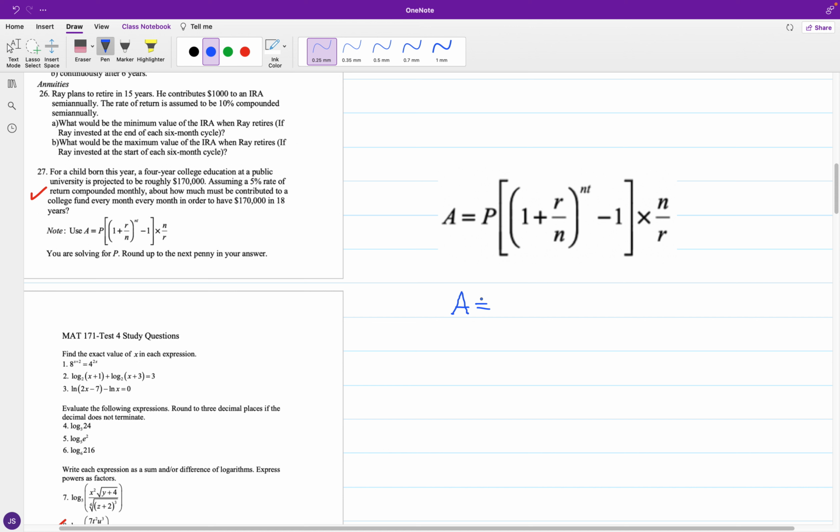For A, we're looking at $170,000, and we're solving for P. Now for the rate of interest, we can get N equal to 12, and the time span, we're looking at 18 years.